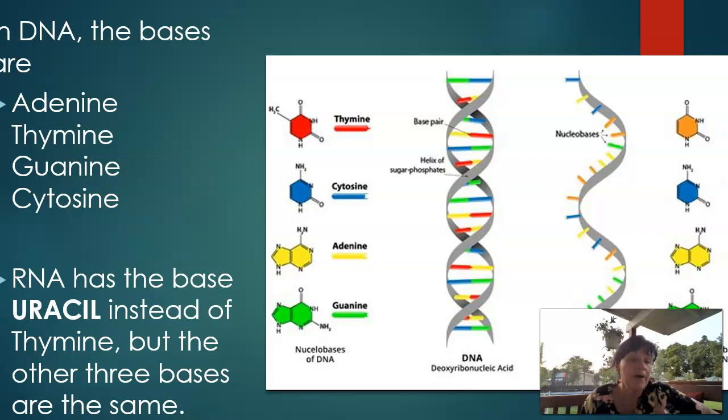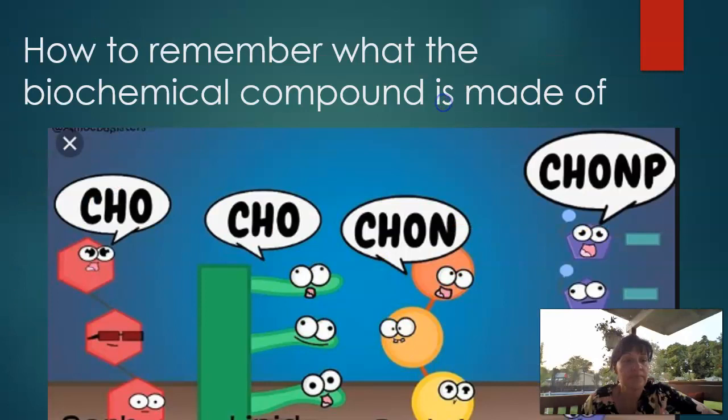Okay, so these will match up, except for in RNA that has the base of uracil instead of the thymine. So the other 3 bases are the same. So those are the bases in the DNA, and then RNA replaces thymine with uracil.